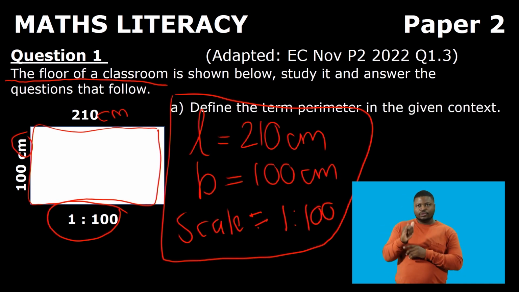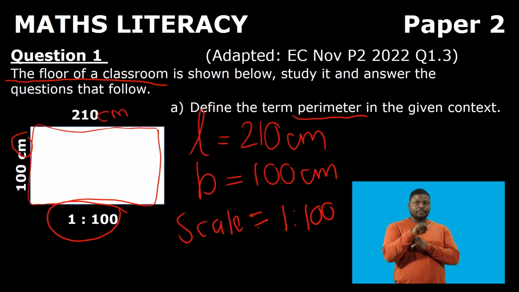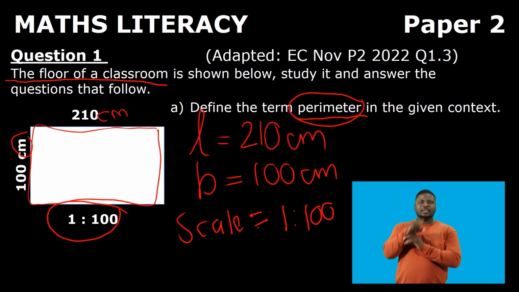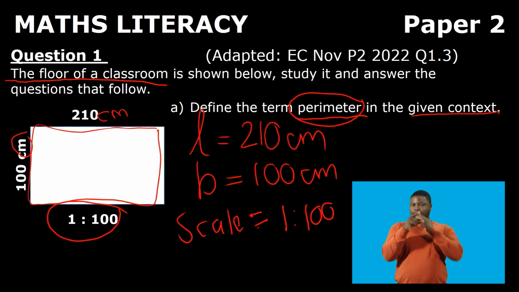Define the term perimeter in the given context. Sorry that my writing is all over the question. I'll erase some of it. Define the term perimeter in the given context. So now we need to remember the given context. What is the given context?